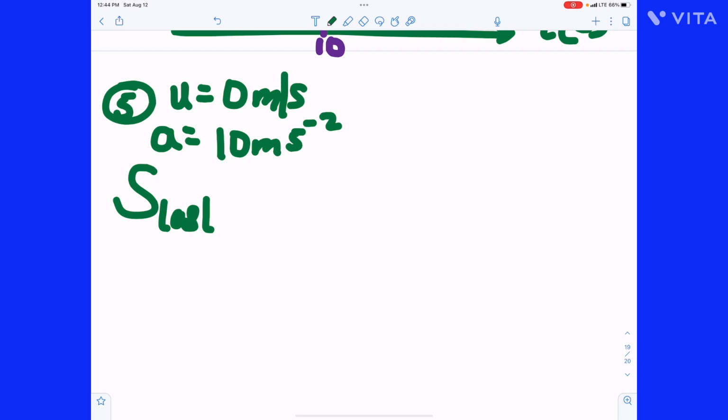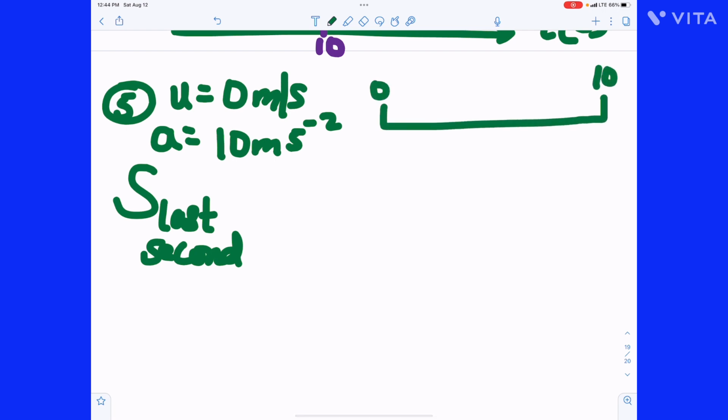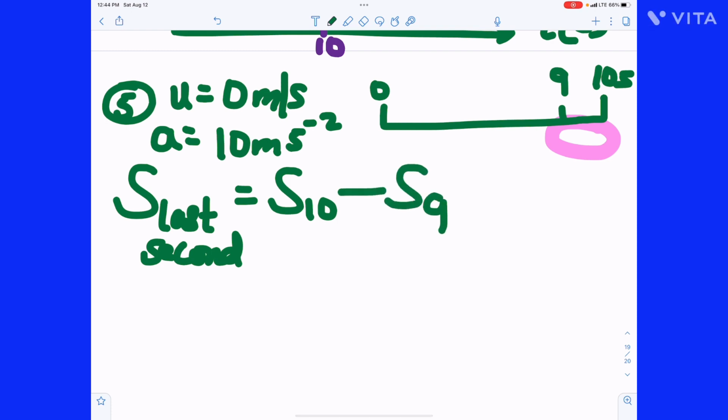If it travels from 0 seconds to 10 seconds, and you need the distance traveled in the 10th second, you will have to find the total distance. The distance traveled in the last second will be the distance traveled for all the 10 seconds minus the distance traveled for 9 seconds. Do you understand?